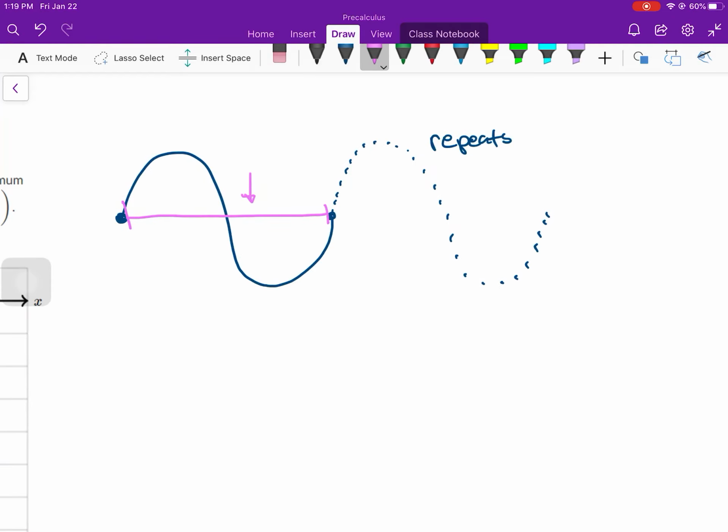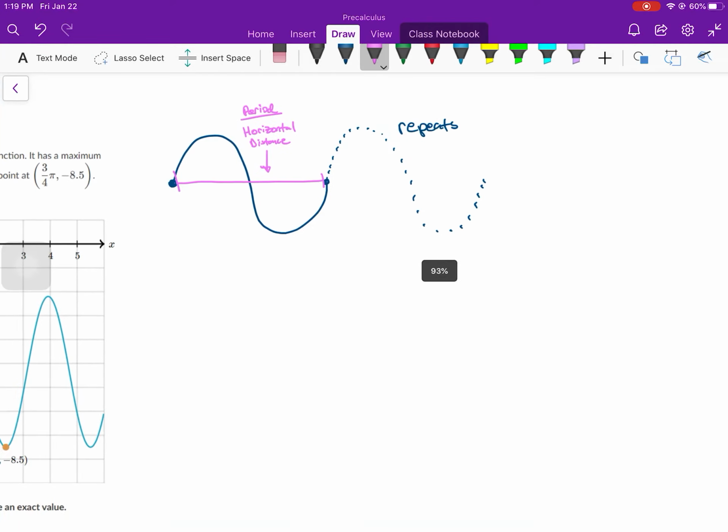So what is the horizontal distance that it goes through one entire one of those? That's going to be the period. Then it goes through it again in that exact same distance. That's going to be the period again, and then again, and it's going to keep doing that on and on forever.